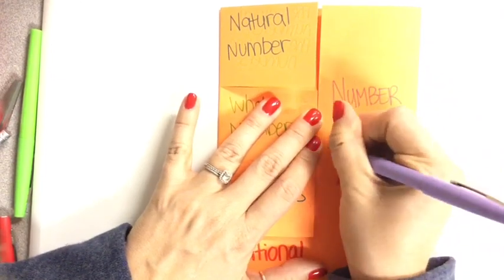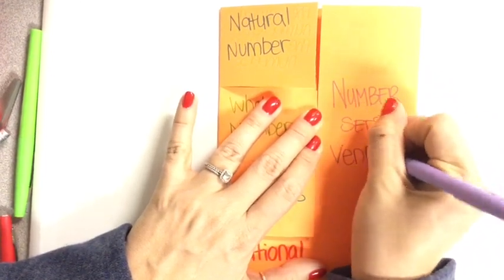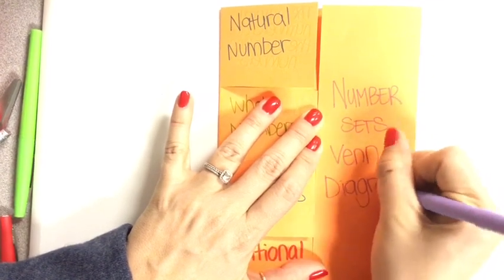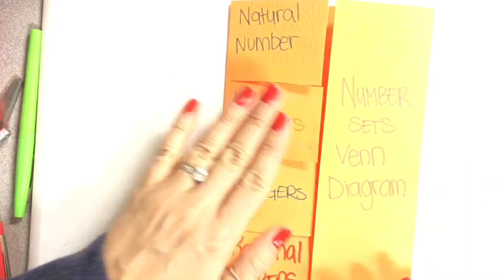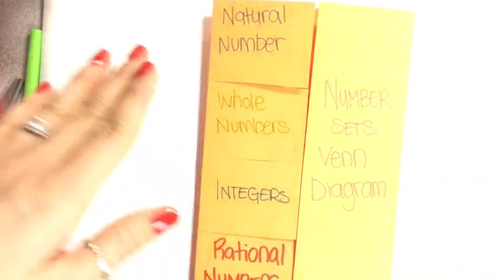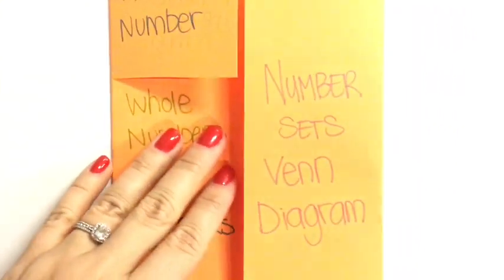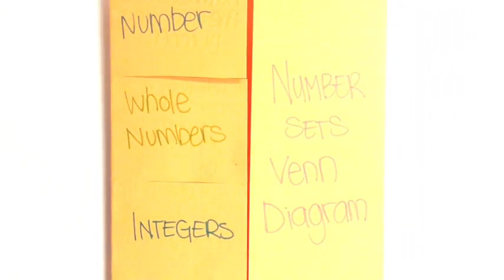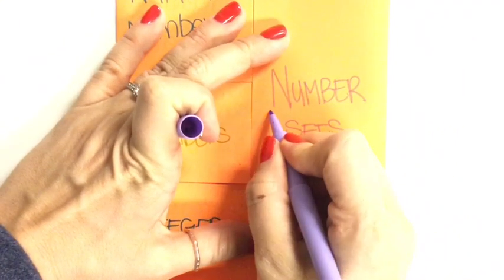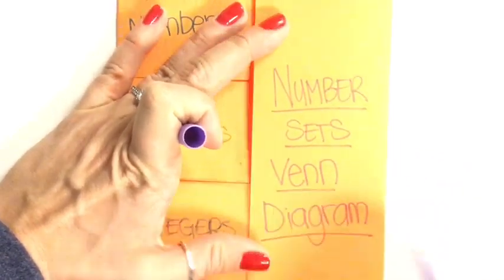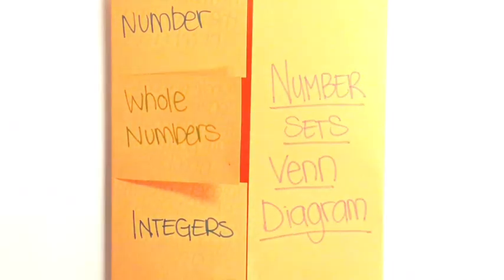And then in here, we're going to have a Venn diagram. Number sets Venn diagram. So inside this, we are going to create a huge Venn diagram to kind of understand the relationship of these numbers a little bit more.